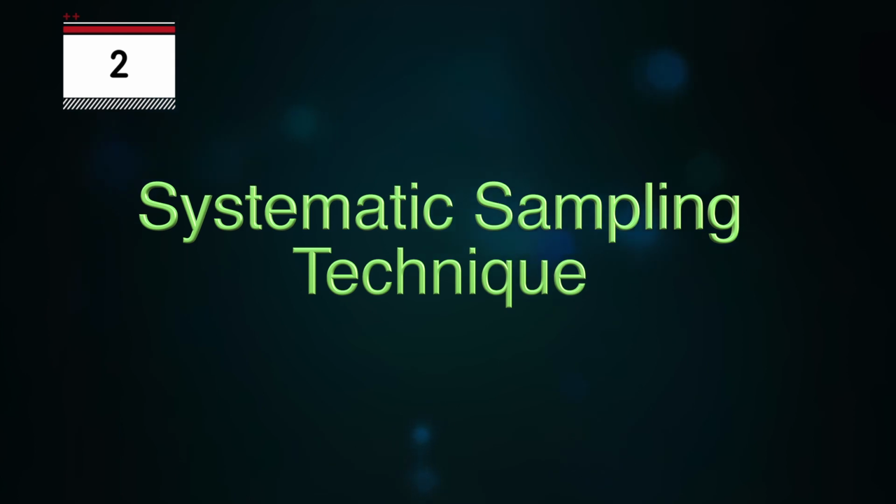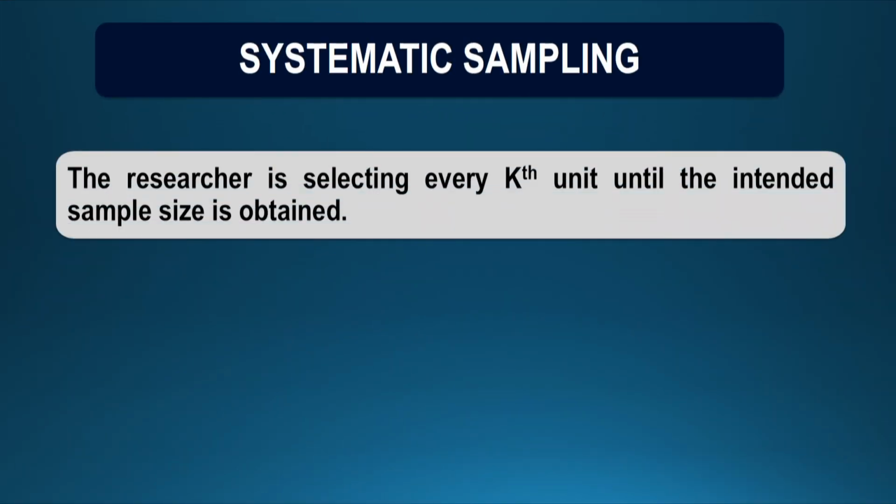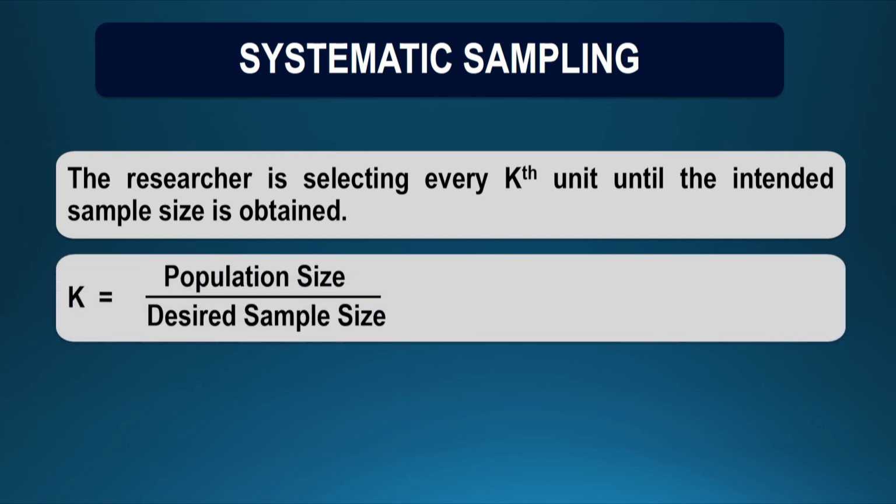Systematic sampling technique is different from simple random sampling technique because in this technique there is no independent selection of the members of the sample. There is a systematic way to be followed to select individuals for the sample. In systematic sampling, the population size is divided by the desired sample size.